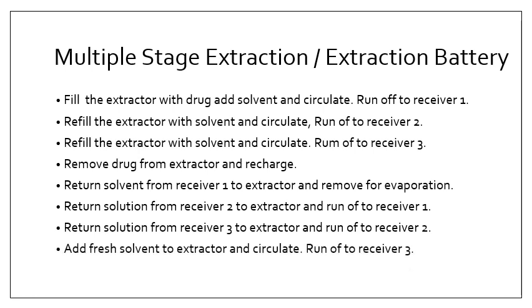Now we take a fresh solvent, pass it through the drug and transfer it to receiver number 3. Now similarly, 3 times the solvent has been passed through the drug, the extractor is recharged with a fresh drug, and the solution that is present in receiver number 1 is transferred through the extractor and the process goes on.